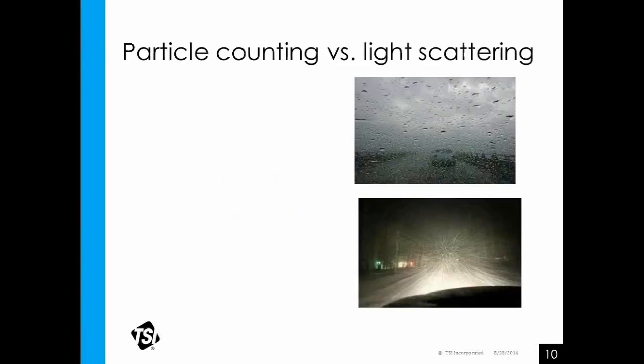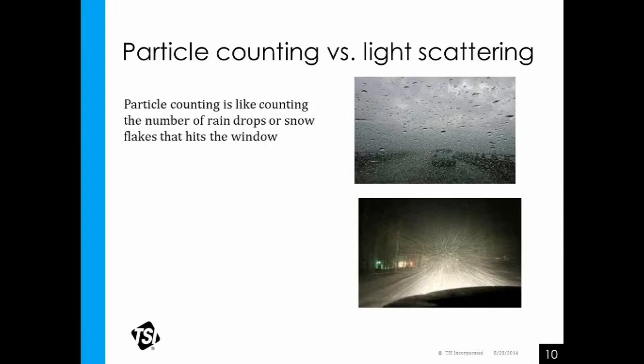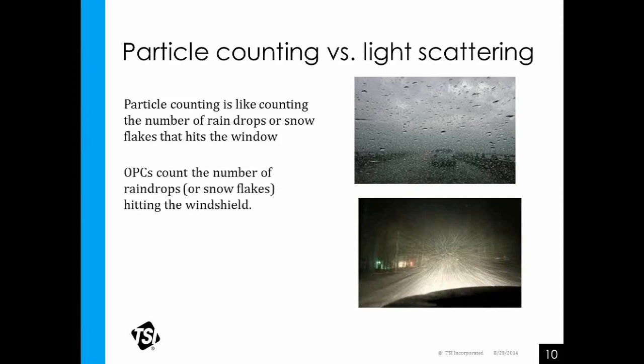And as we're looking at that, people think, well, how does it count the particles that fast? Well, a photometer really doesn't count the particles as much as it measures the light scattering. So we're measuring scattered light, we're not counting particles. A particle counting, if we compare it to driving a car and it's raining, you can count the number of drops on the windshield. That's kind of what an optical particle counter does.